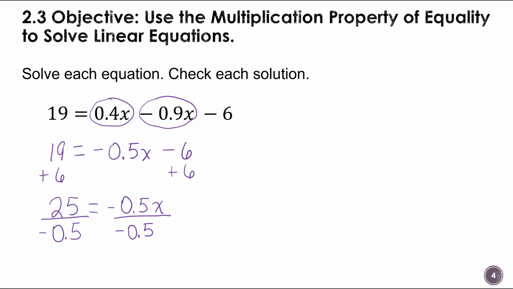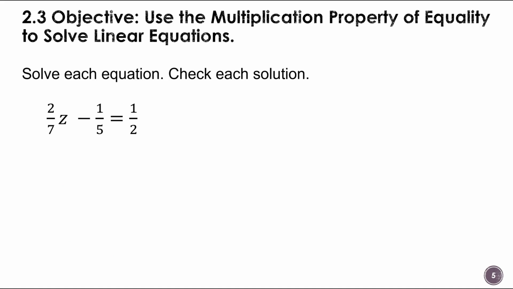You don't really have to go into what is happening with the division. So this ends up being negative 50 equals x. If you think about this, if we split 25 into halves, we have 50 of them. And it's negative because we're dividing a positive number by a negative number.